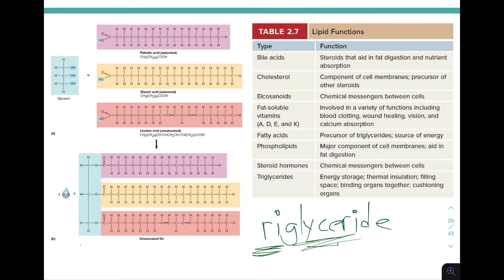The fatty acids can be saturated or unsaturated. Saturated means full. Saturated means every place that you could possibly put a hydrogen, you did. There's hydrogens everywhere.